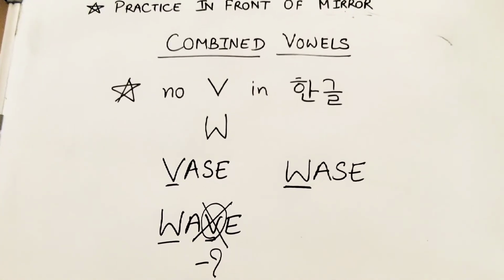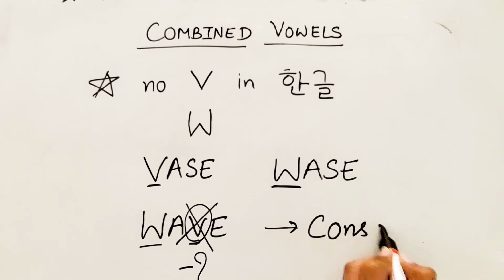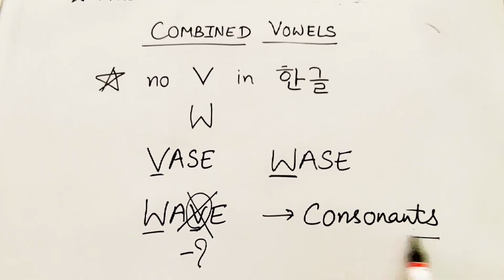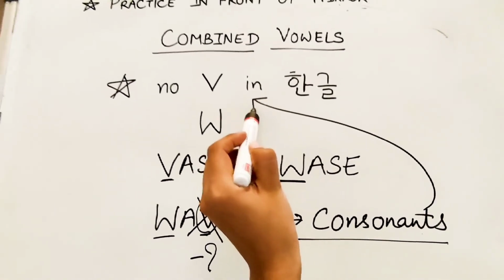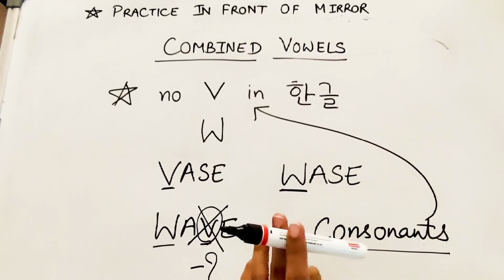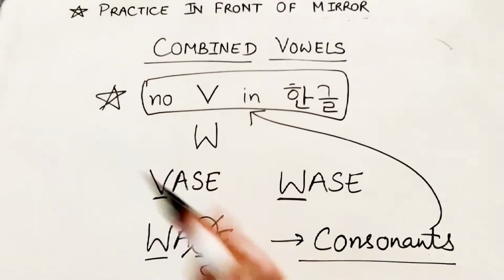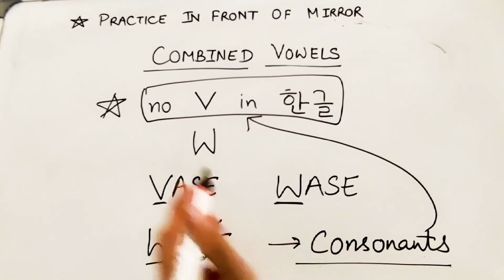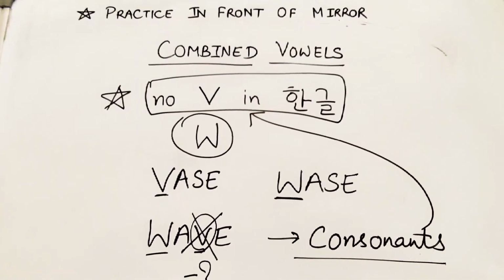Because we know that there is no V sound in Korean. Well, for that we will have to learn consonants to say this word "wave". And I think when you do consonants, you will actually be able to understand how to say this V in Hangul. So that's for the next chapter anyway. But for now, just remember, there is no V sound in Hangul. It's only the W sound, not V. I hope you understand that.